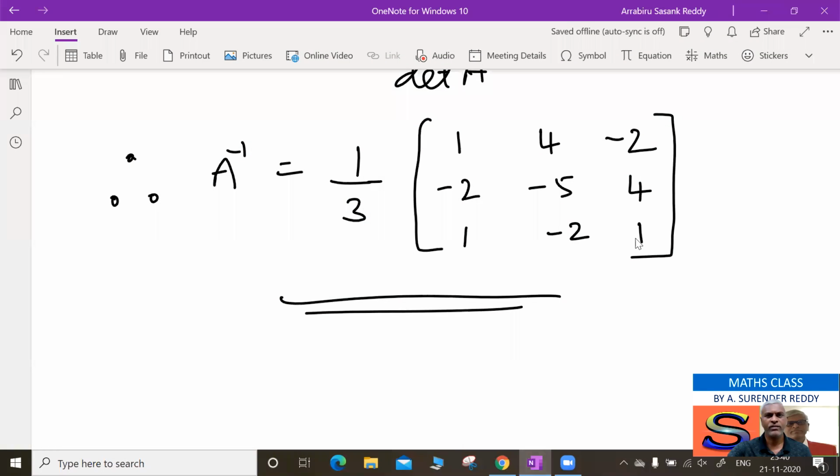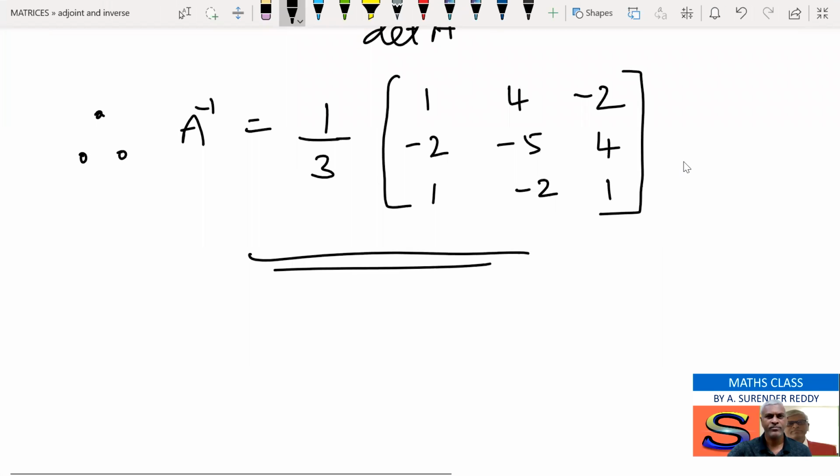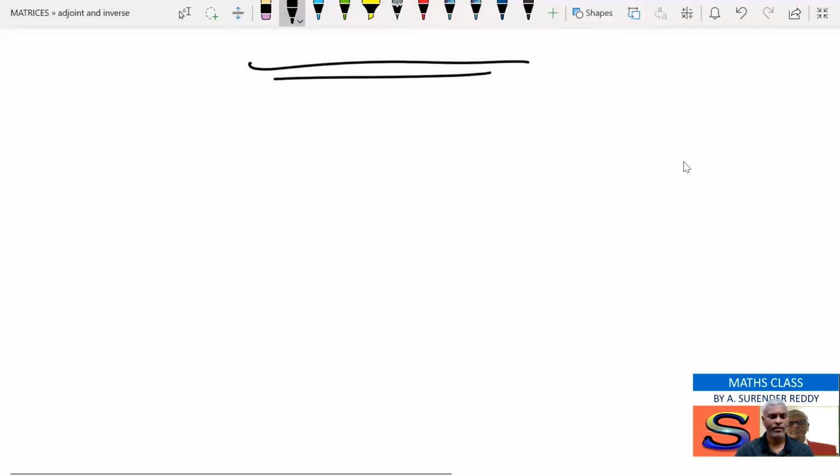In continuation of the last class, let us practice some more problems from the exercise on how to find adjoint and inverse, in the same exercise.